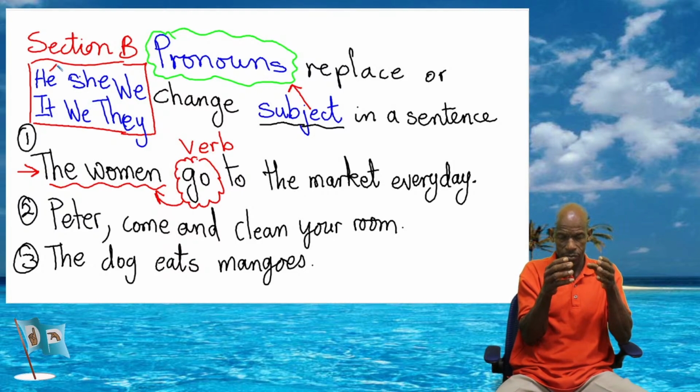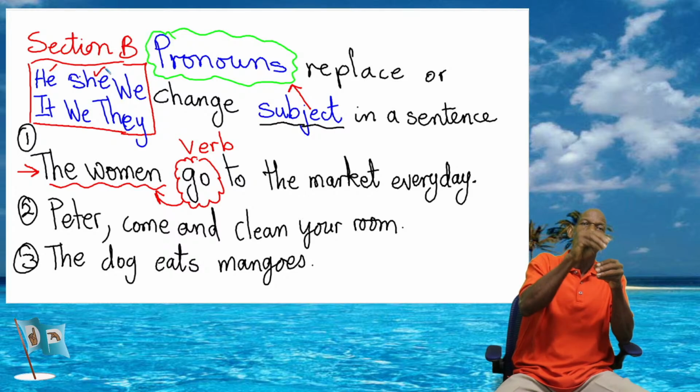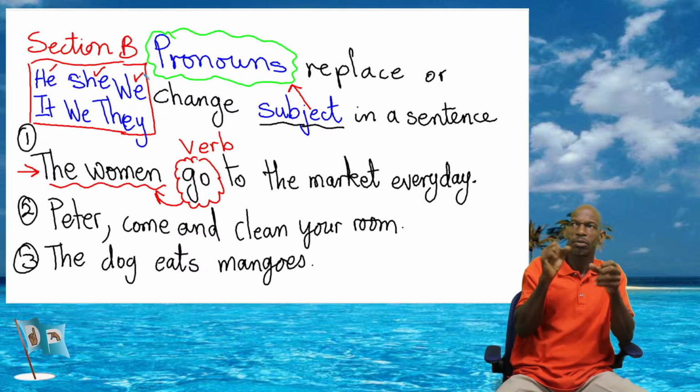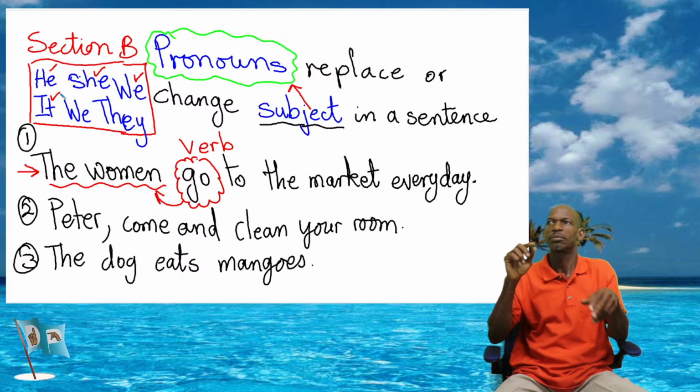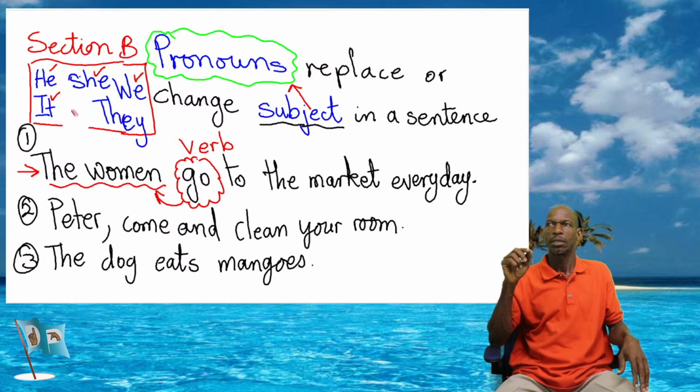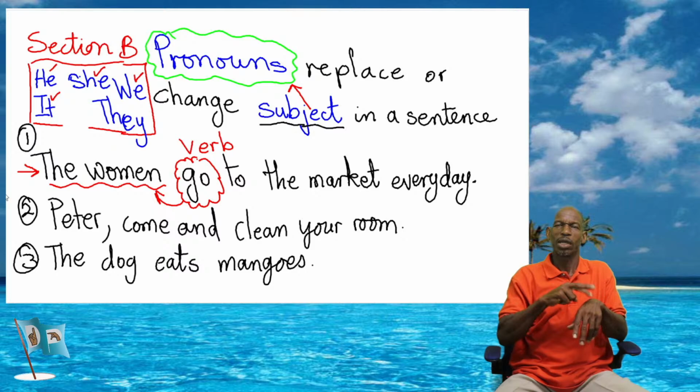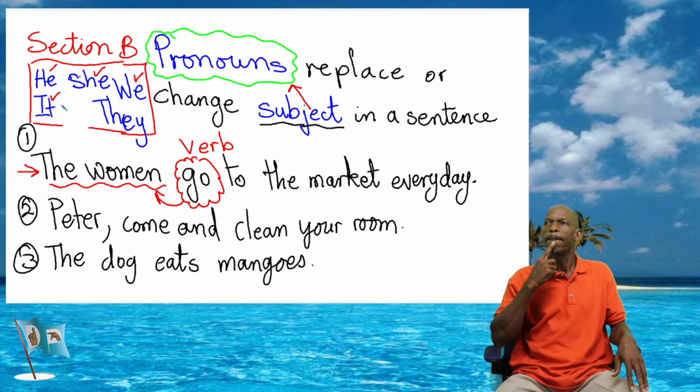He, she, we, it. I put we twice. Sorry about that. I missed out one. So I'm just going to write it. And after it's supposed to be you. And then they.